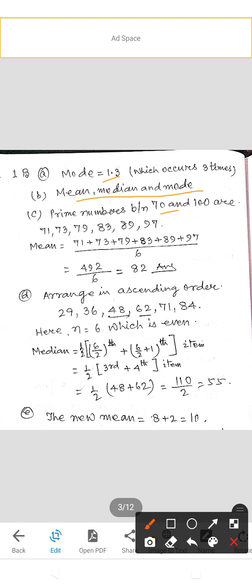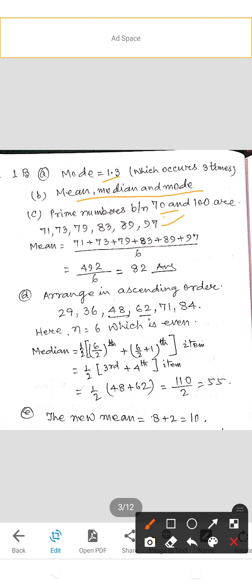Question C. Find the mean of prime numbers between 70 and 100. So first of all, write the prime numbers between 70 and 100. These prime numbers are 71, 73, 79, 83, 89, 97.